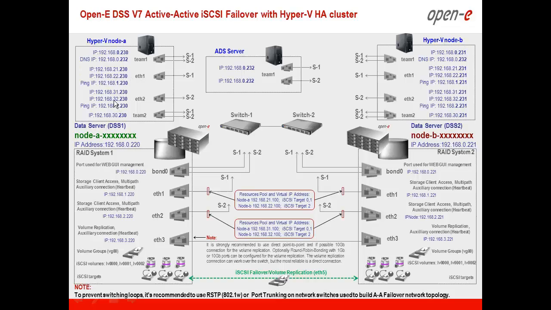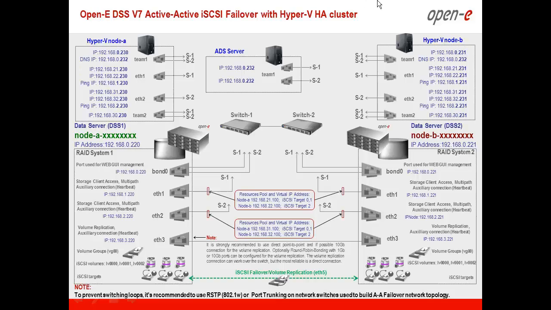And the ping nodes, we need to cover our storage adapters with ping nodes, so that will be 1.230 and 2.230, because our physical adapters are in subnet 1 and 2. So I hope that roughly this is already clear.